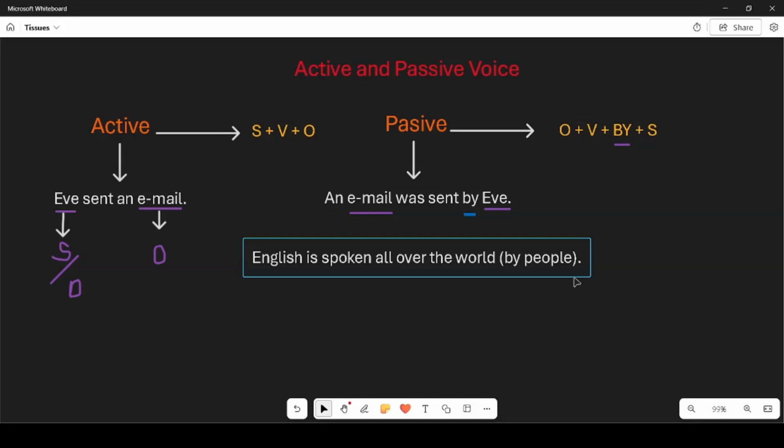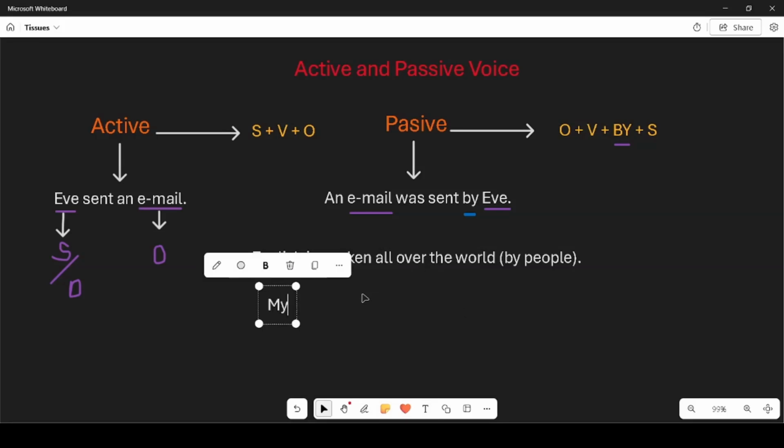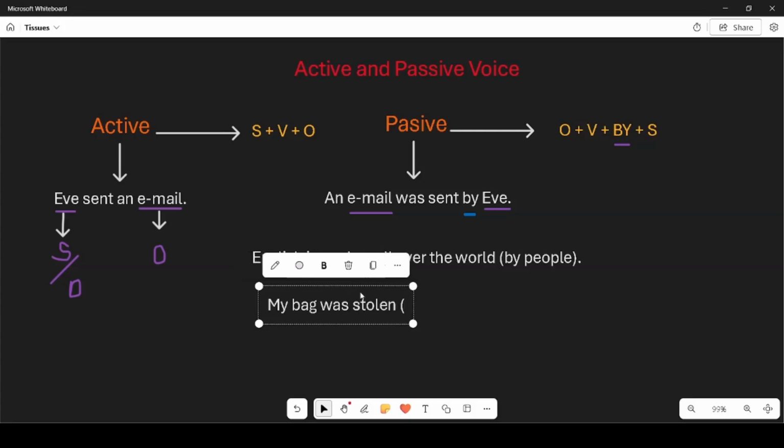And we use passive voice when we don't know the doer. So this was when the doer is obvious, and now it's when the doer is not known, like my bag was stolen. Now, but stolen by who? I don't know.